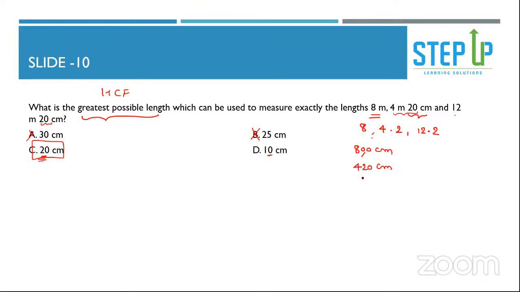This will be 1220 centimeter. Now I'll say don't get into all this. 8 meter I can calculate with 20 centimeter. My point is 10 and 20. 25, 800 I can calculate, but 420 I cannot calculate. That's why it will become a problem.